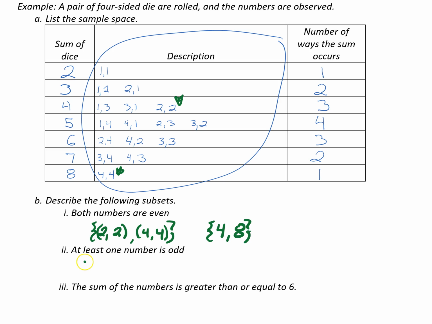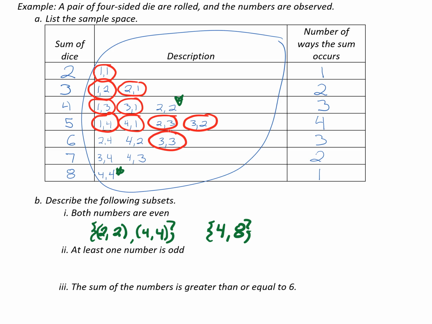Okay, now let's take a look at least one number is odd. I'll shift to red here. At least one number is odd. There's a lot of times that occurs. Now I'm noticing at this point that at least one number is odd occurs quite often.